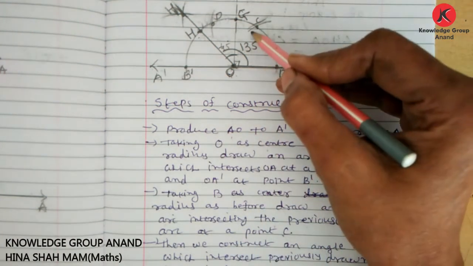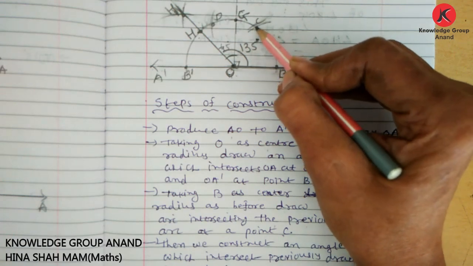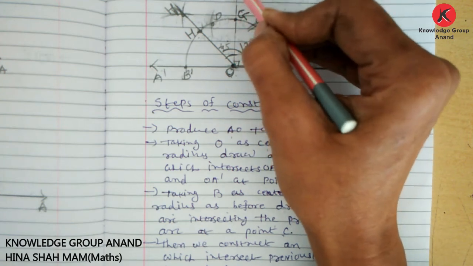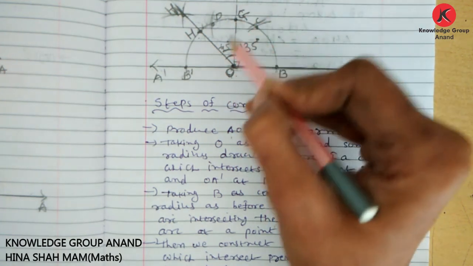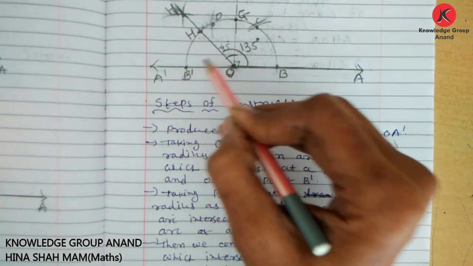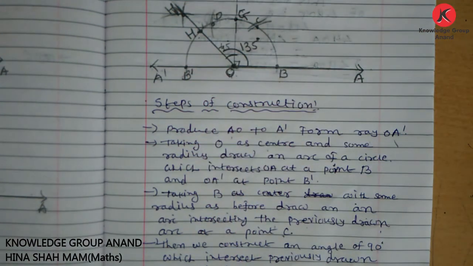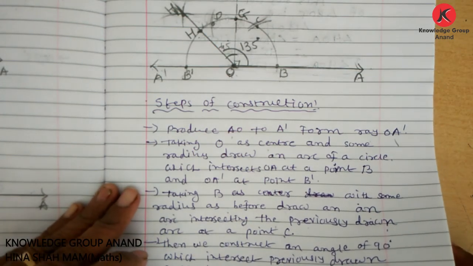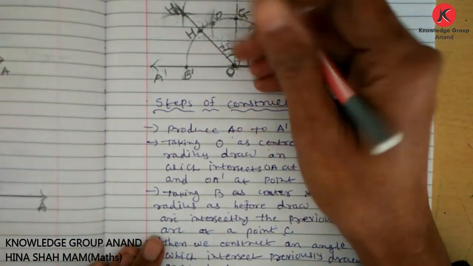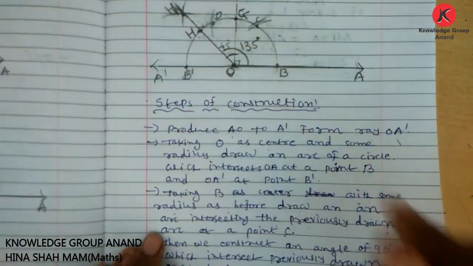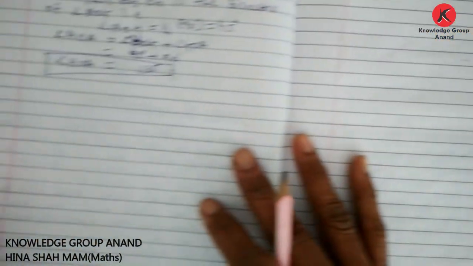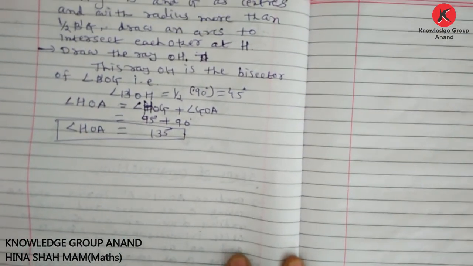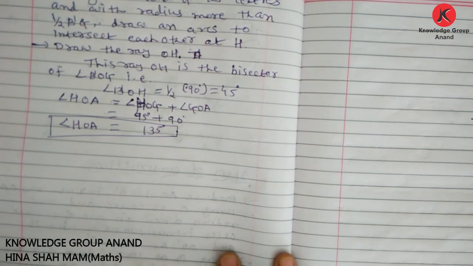Now B is center, taking C and D, then construct angle 90 and it intersects at G. Angle B dash OG is equal to 90. The bisector of this angle becomes 45. Then 90 plus 45, this angle is equal to 135.